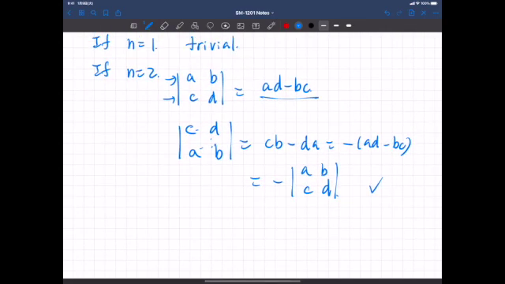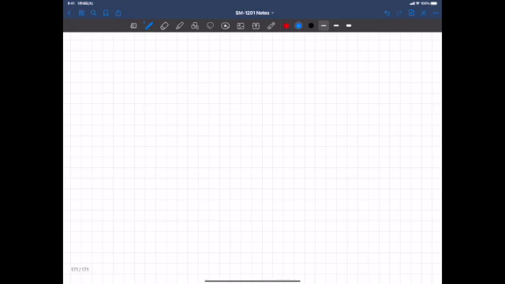So now suppose the claim holds for n equal to m. So in the case of m by m matrices, if we swap two rows, then the determinant is negated. So let's assume this.